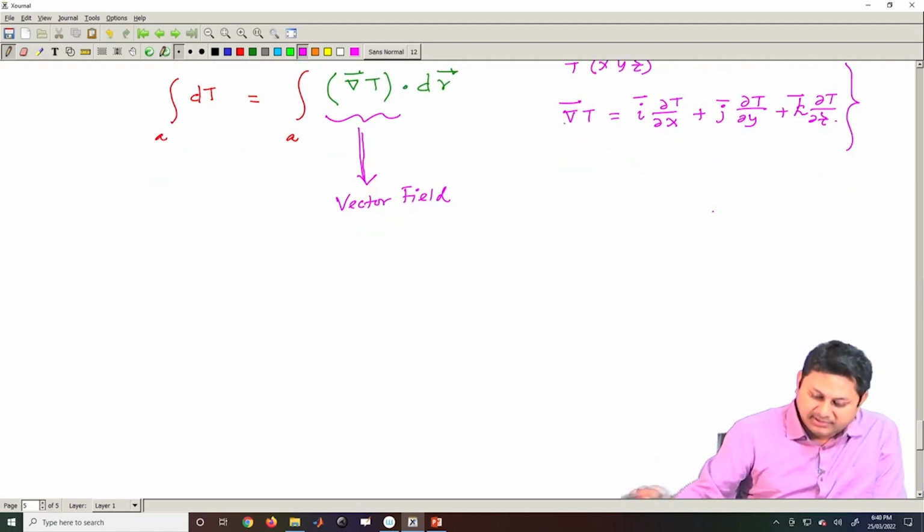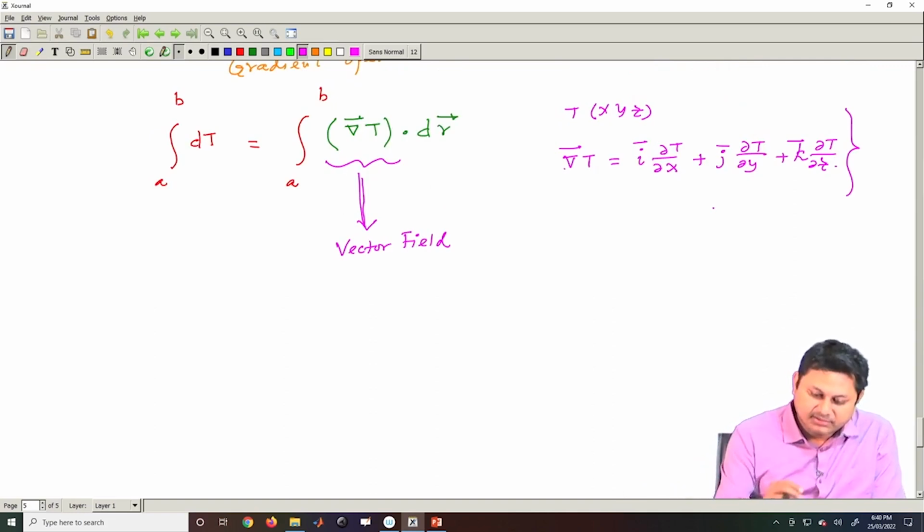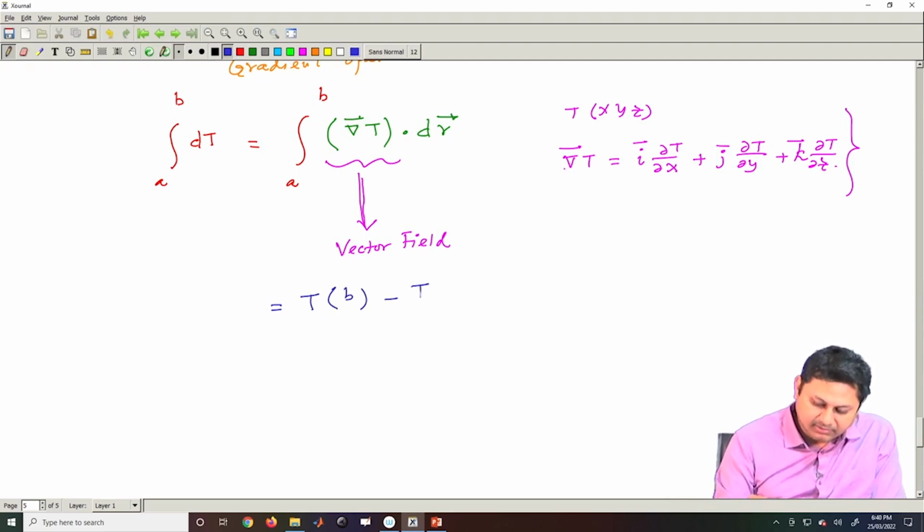Now, what is this thing? This is a complete integral, right. So, because this is a dT, I can have the result as T b minus T a. So, only the final points matter. T is a scalar field, then I operate this del operator over it, and I have a vector field.